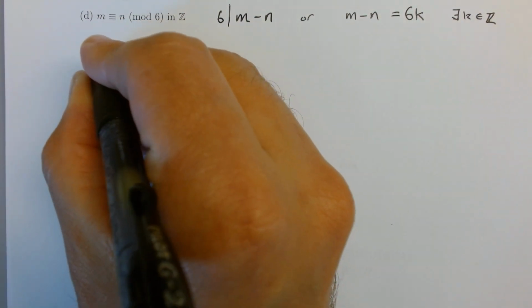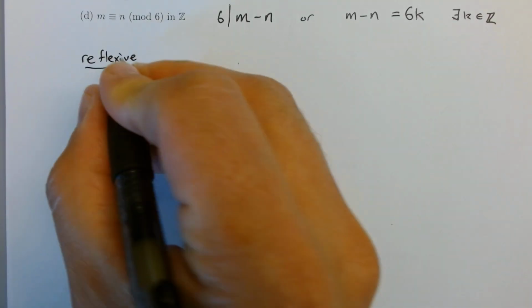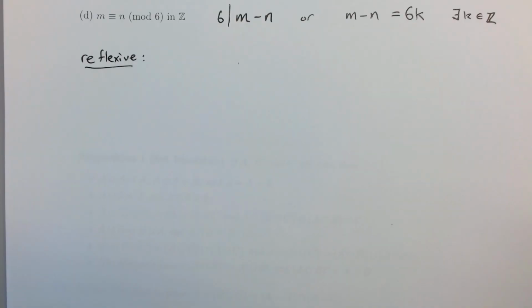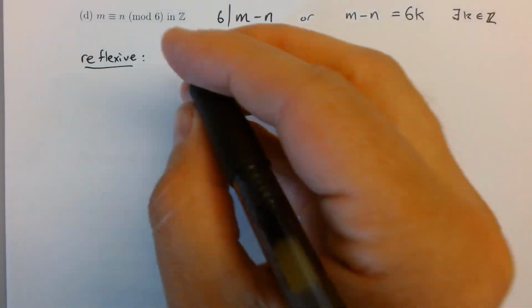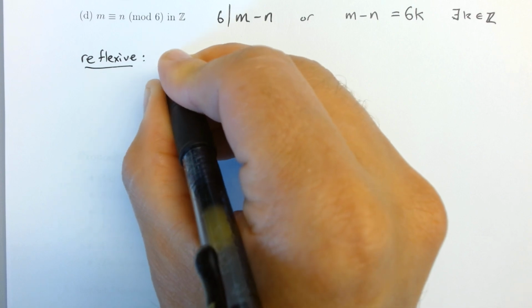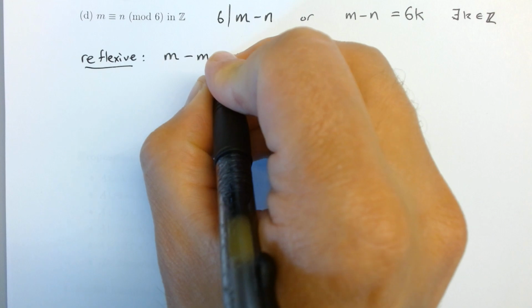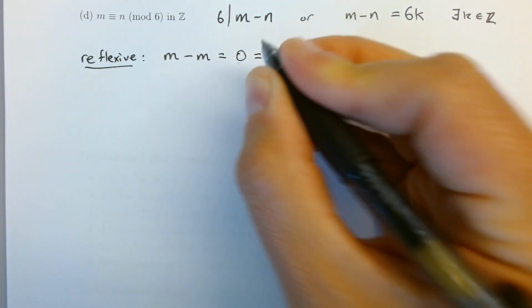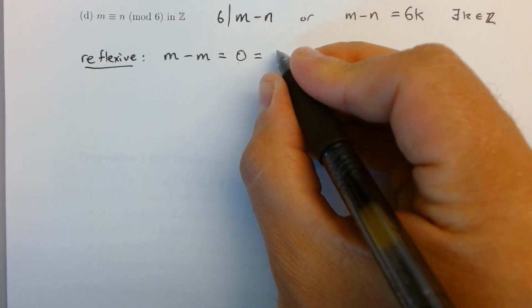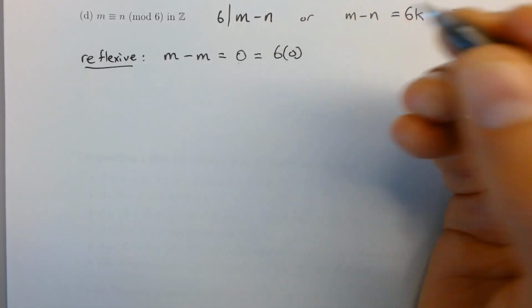So first let's ask about reflexive. Is a number related to itself mod 6, or congruent to itself mod 6? Since m minus itself is 0, that is a multiple of 6. It's 6 times 0.